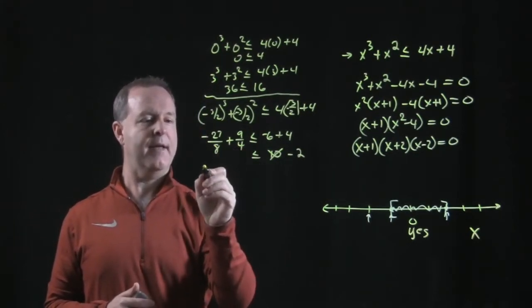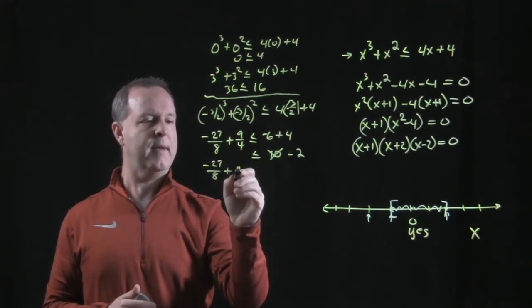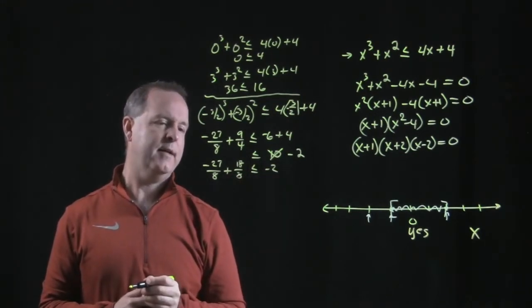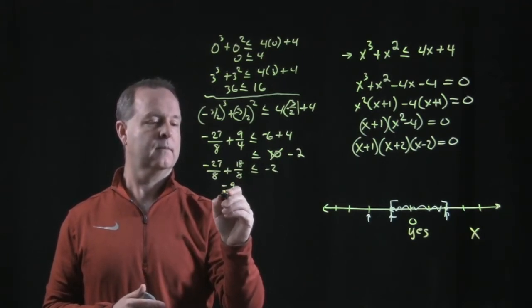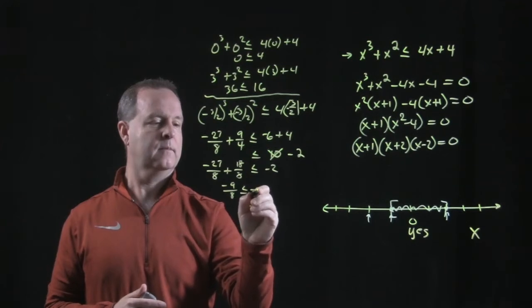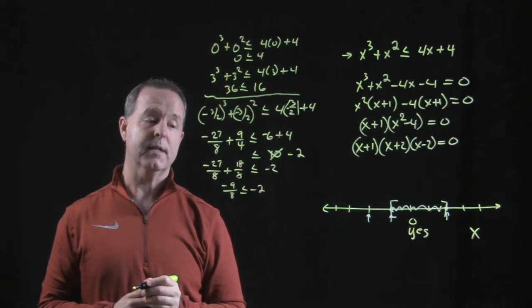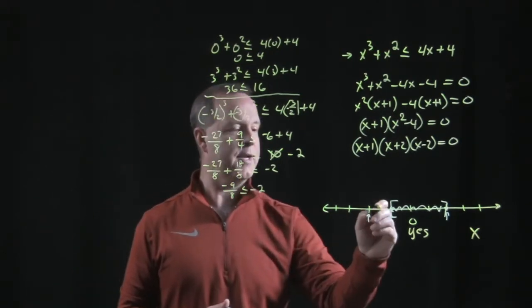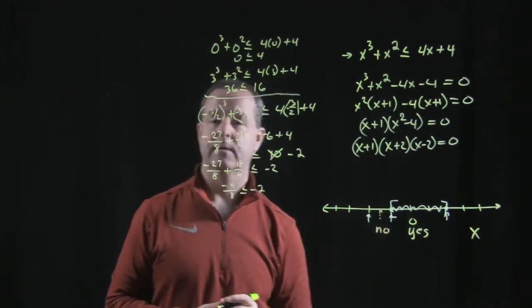And then from here, add those together: negative 27/8 plus, with common denominators, 18/8, is negative 9/8. Is negative 9/8 less than or equal to negative 2? Nope, that is not true. So the test point I chose right here is not true, so that section would not be true.